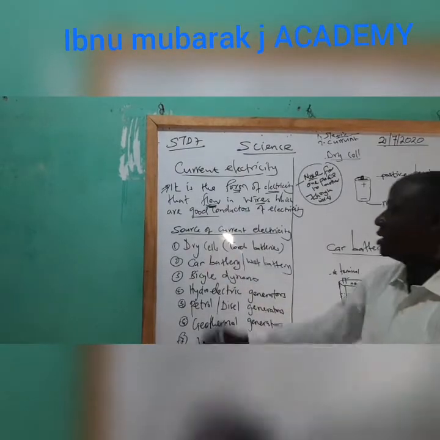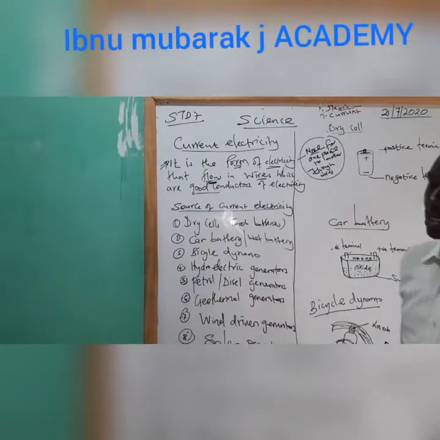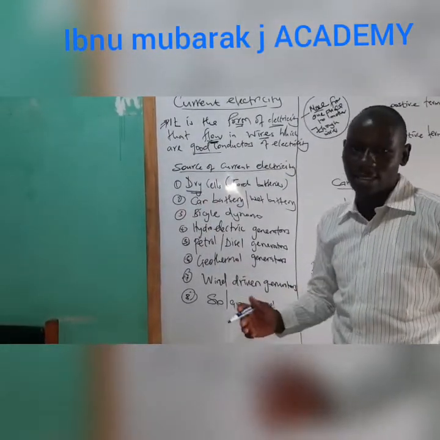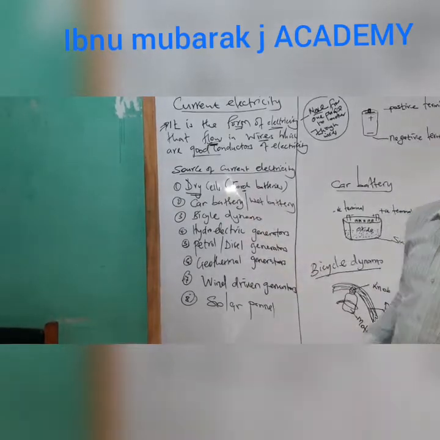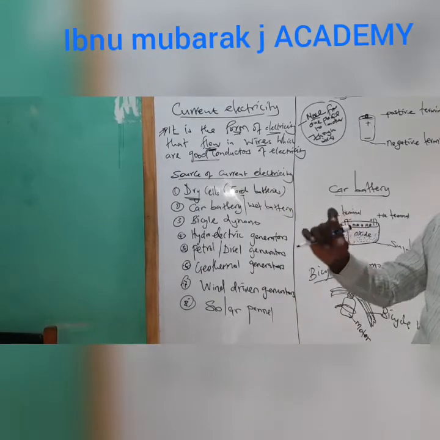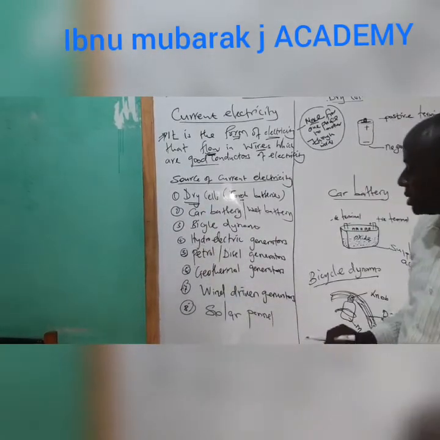The sources of this current electricity: where do we find this current electricity? Number one, we have dry cells. They are called torch cells, torch batteries, the small batteries that we put in a torch. Then number two, we have the car battery.